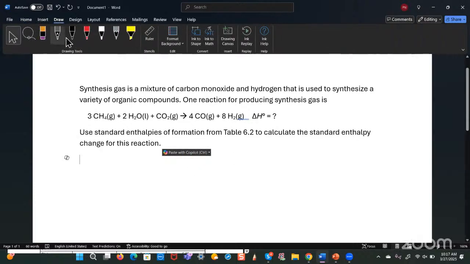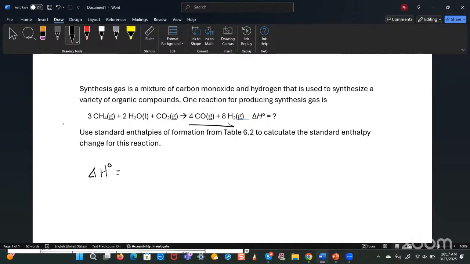So the first thing I will do is write down the equation for calculating the delta H value. Delta H standard for the reaction is equal to the sum of the enthalpy of the products minus the sum of the enthalpy of the reactants, right? The products are over here on the right side.